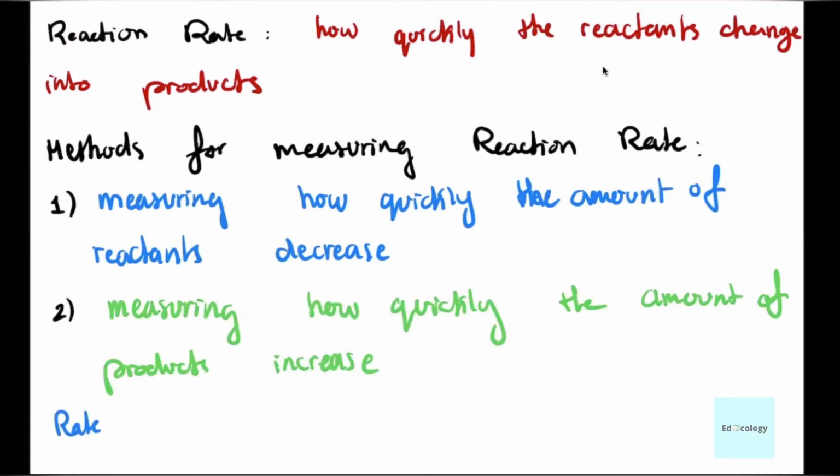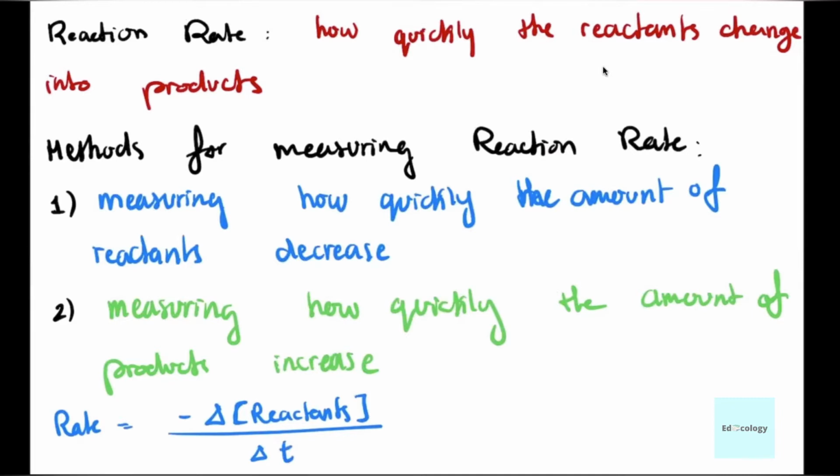The formula for measuring how quickly the amount of reactants decreases is negative change in reactants over change in time, or let's use lower case because capital is for temperature.